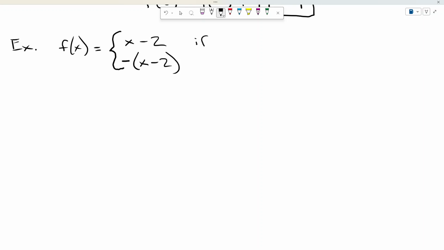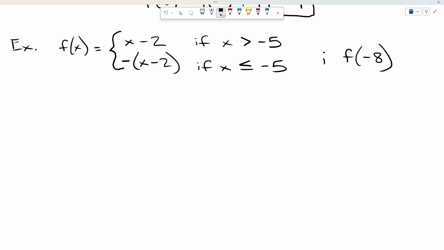And this is if x is greater than negative 5. And this one will be if x is less than or equal to negative 5. All right, and let's evaluate, we'll just evaluate one for this, f of negative 8.